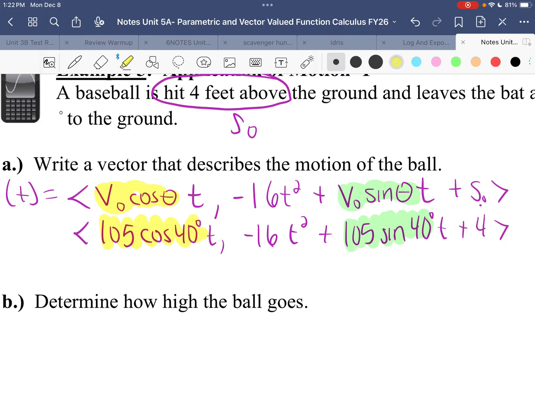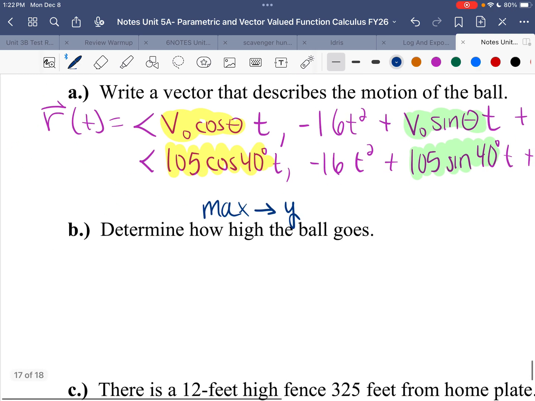Determine how high the ball goes. So this is the maximum, and we want to find the maximum y value. Let's pretend we don't have a calculator or Desmos to find this. What calculus helps you find the maximums?